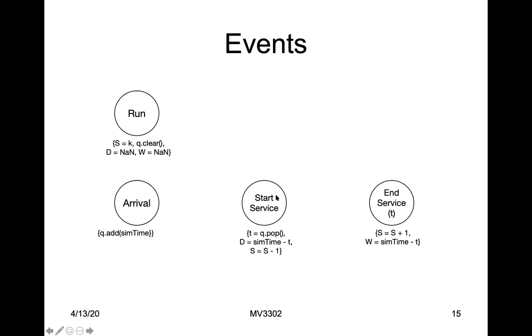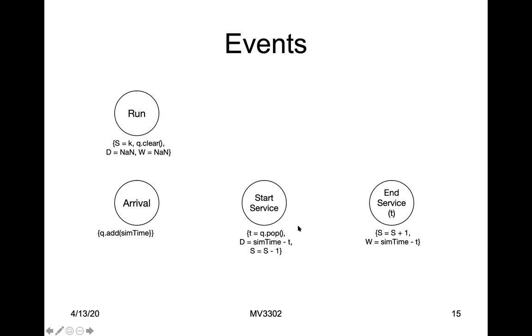Now, start service. First of all, we decrement our number of available servers. But what we did in the multiple server queue was simply decrease queue by 1. We can't do that here because queue is a container and not an integer. Instead, we pop off the first value.